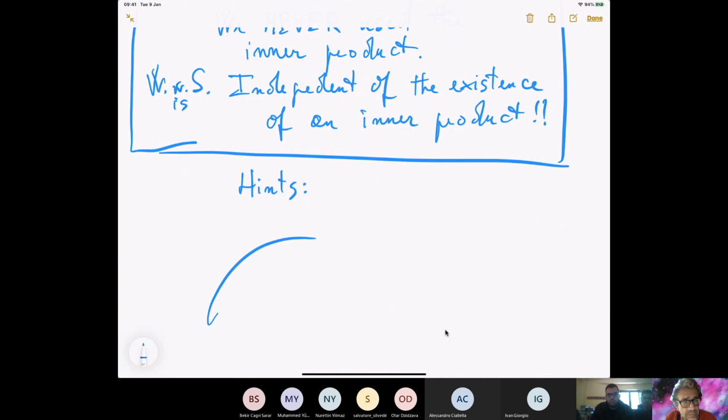Consider a surface. Consider the tangent plane of the surface.